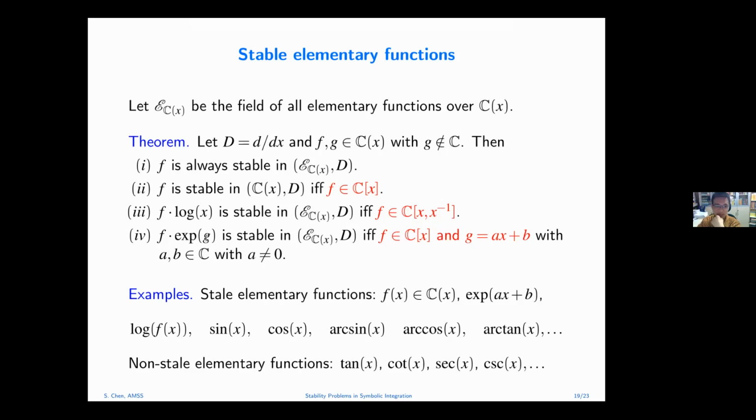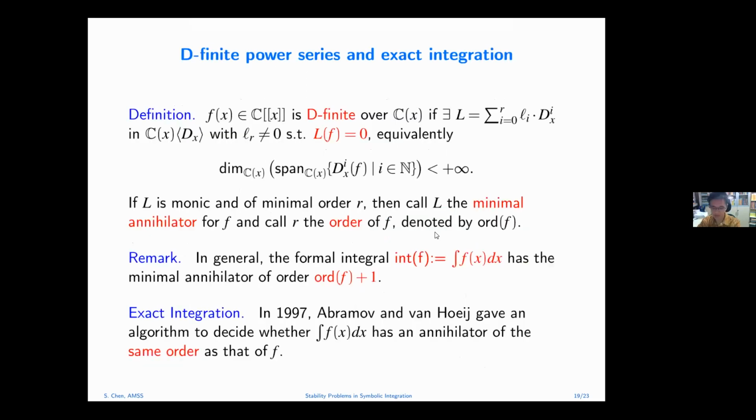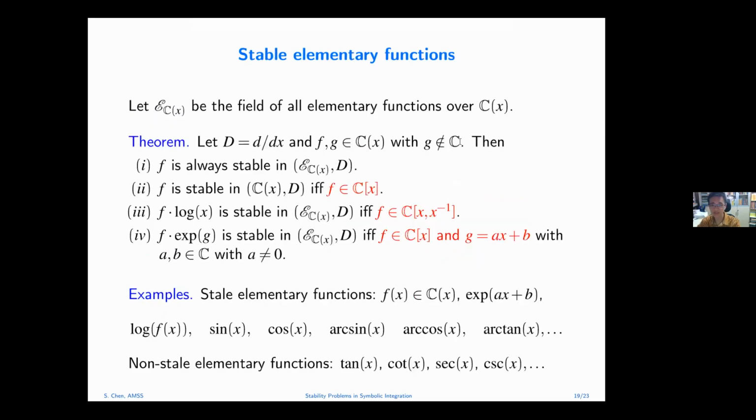Because here maybe I forgot one thing: I have the assumption that g is not a constant. If g is constant, then we will not think about this case, and this case will imply that a is not 0. Otherwise, all the argument will not work. Right, now I understand. Thank you.